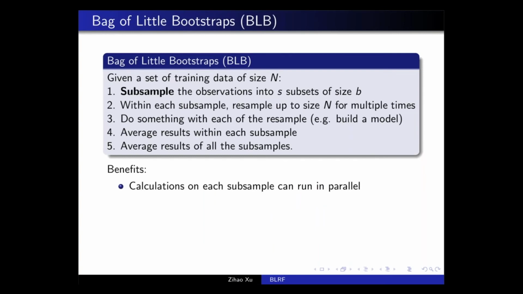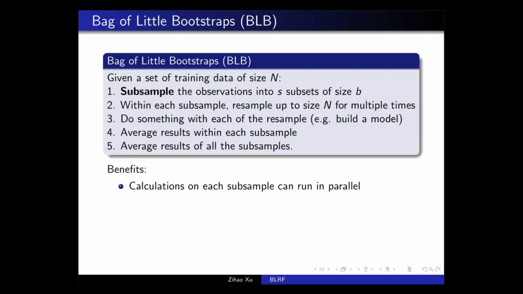There are two main benefits of the BLB method. First, calculation on each subsample can run in parallel, and that is a great thing for a modern algorithm, because laptops nowadays have at least 4 cores.